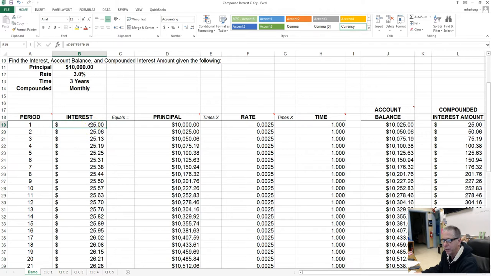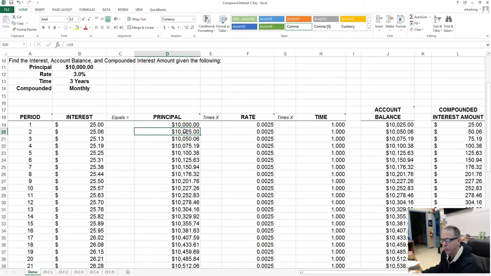Let's look at the interest first. The interest each period, notice how it grows through each period, gets larger. Now, if on the test a question is asked, how come the interest each period is more each compounding period? The answer would be that's because the principal amount has increased from the previous period.